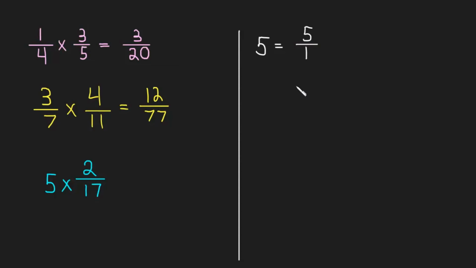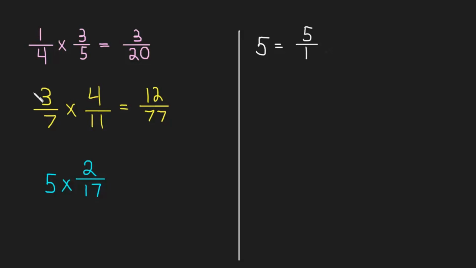And if you remember what we talked about, that should make sense. This tells you how many pieces to cut the pie into. Well, if you only cut it into one piece, you haven't really cut it at all. It's just still one whole pie. And you have 5 of them. You have 5 whole things, so you just have the number 5.